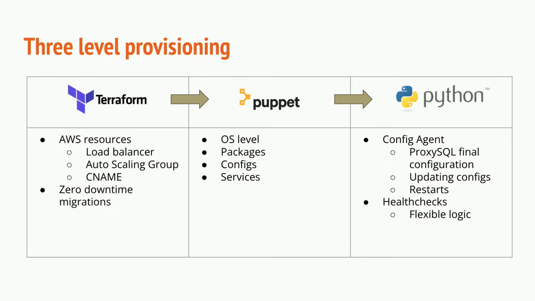That part is covered by Terraform. We create resources, and then we pass these resources to next level of provisioning, which is Puppet. Puppet is responsible for, so when we start EC2 instance, Puppet is responsible for installing repos, packages, configs, and starting services.